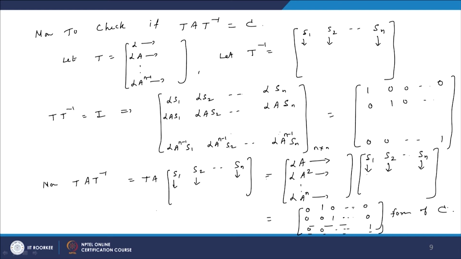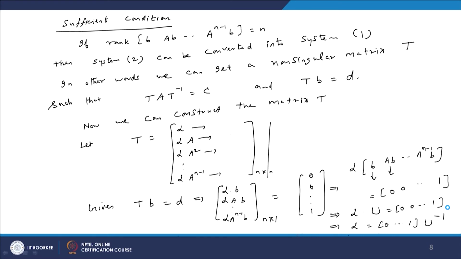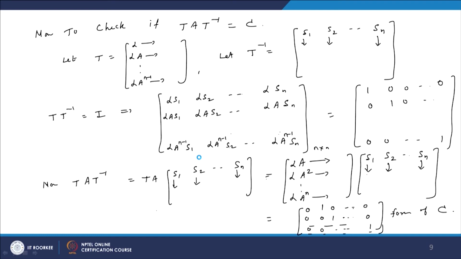So, if you calculate T using this expression alpha equal to 0 0 1 into U inverse and substitute it in the T matrix, we will obtain T, and from that T, if you calculate T A T inverse, we will get a C matrix in this form.